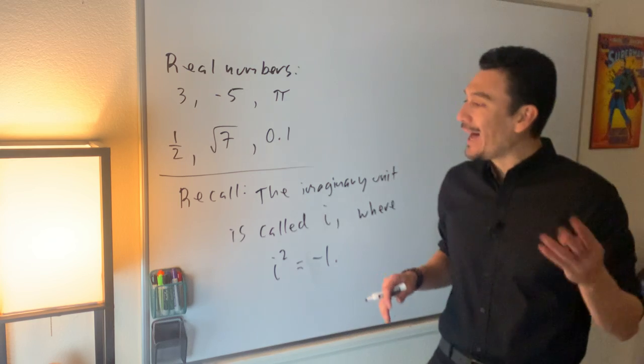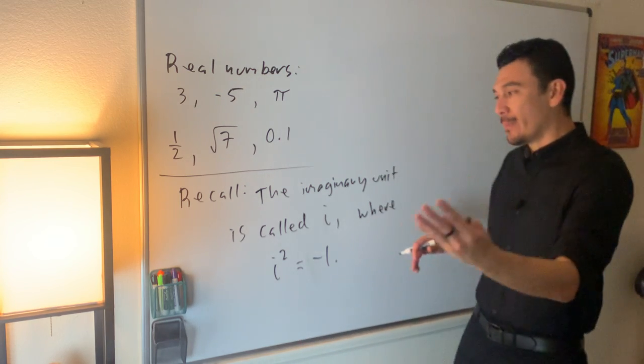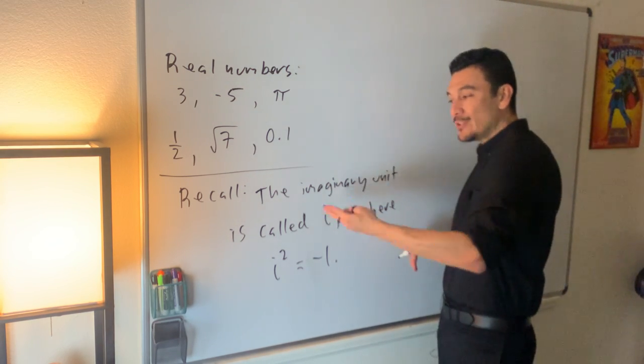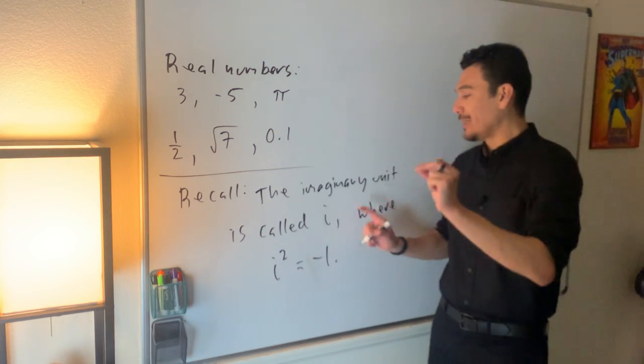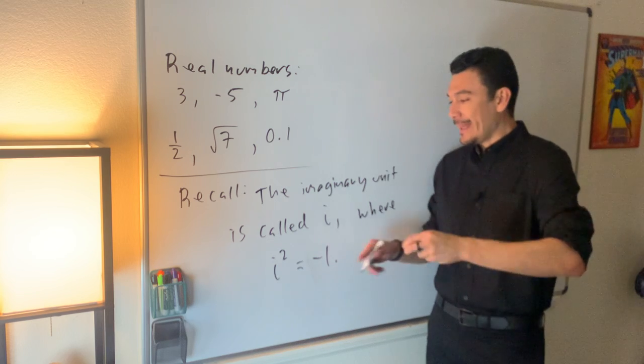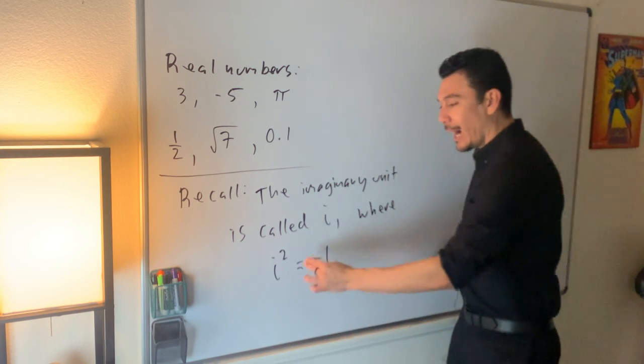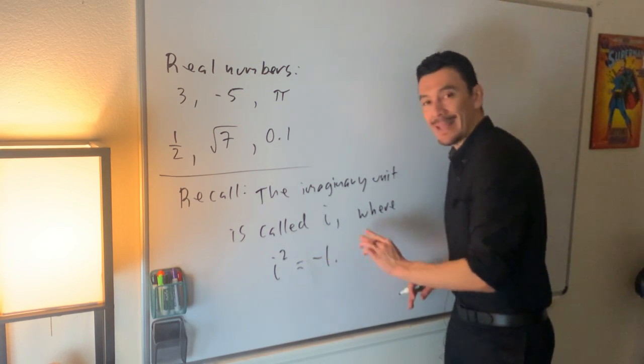So go back to your high school days. Maybe you remember from class that we can have imaginary numbers, and the imaginary unit is called i. And just as a bonus fact, i squared is -1.